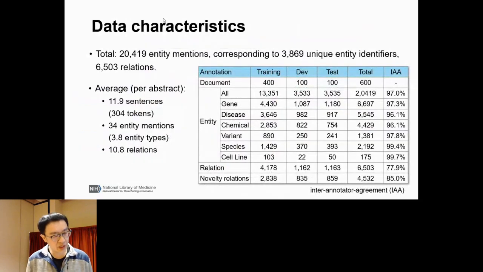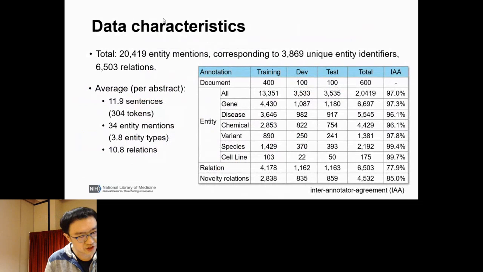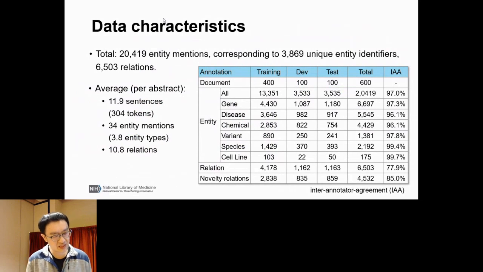As a result, we annotated 600 abstracts. It contains about 20,000 entity mentions, corresponding to about 4,000 unique entity identifiers and 6,500 relations. We split the dataset into training, development, and test sets.